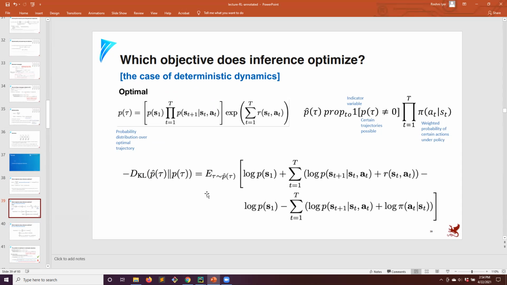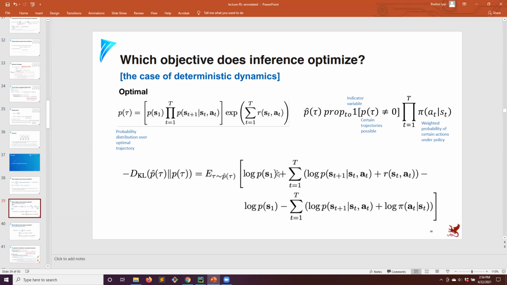And then what we do is we compute this divergence between these two different policies, the optimal policy and then our policy here, which is this here. And we got these two lines here, but we see that some terms actually cancel out.